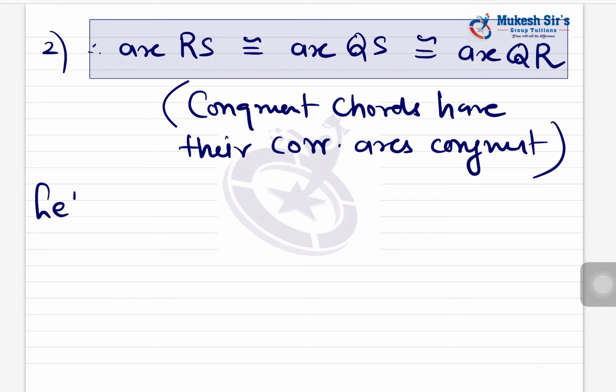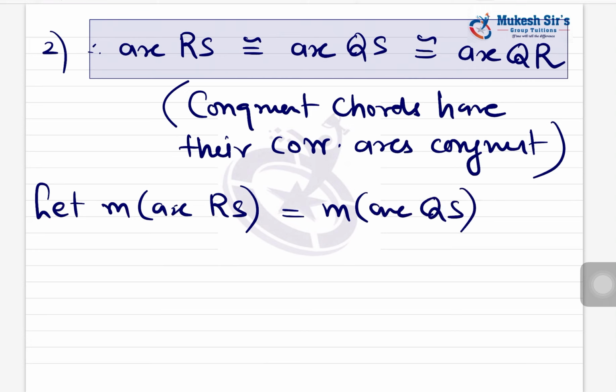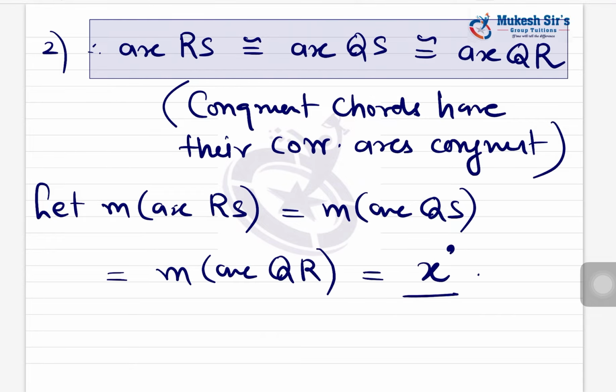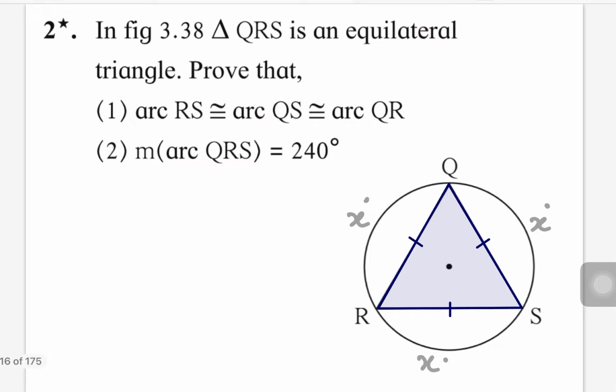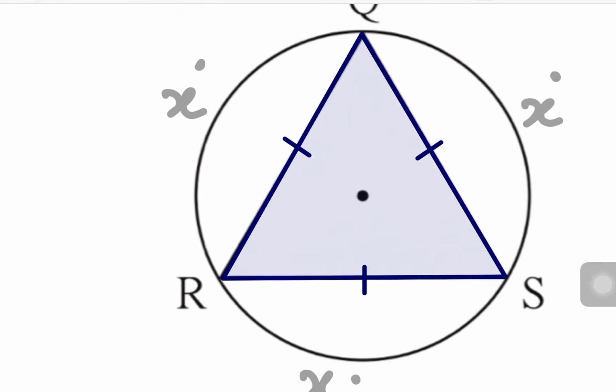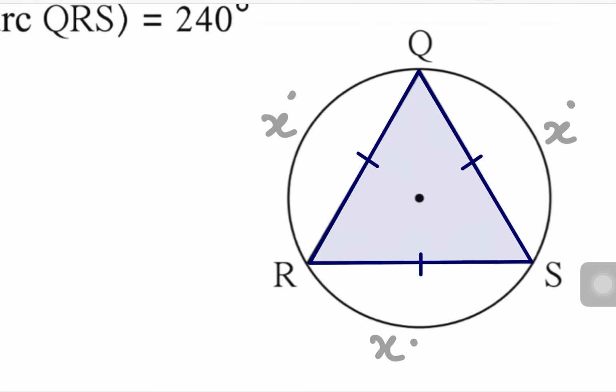So we can write let measure arc RS is equal to measure arc QS is equal to measure arc QR is equal to x degrees. So I have taken the measure of all the three arcs as x degrees. Now when we add these three, the sum will be equal to 360 degrees because all the three together form a circle.